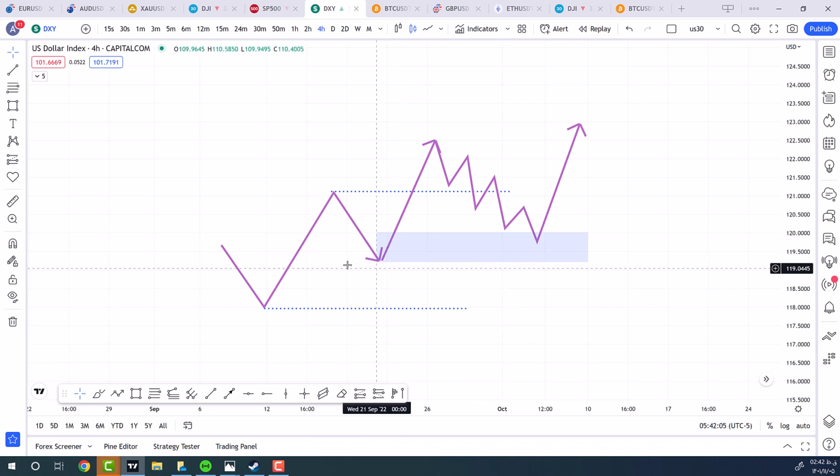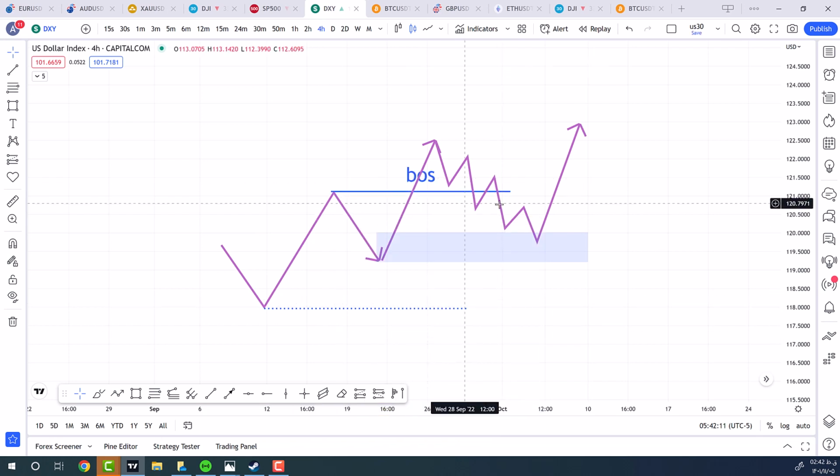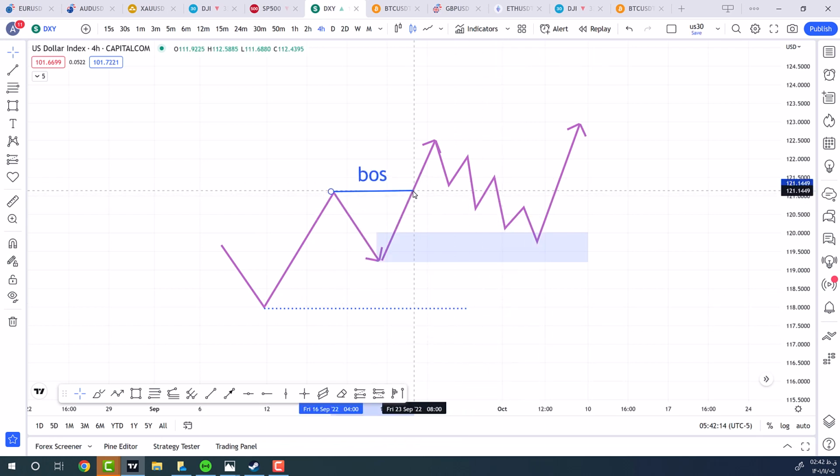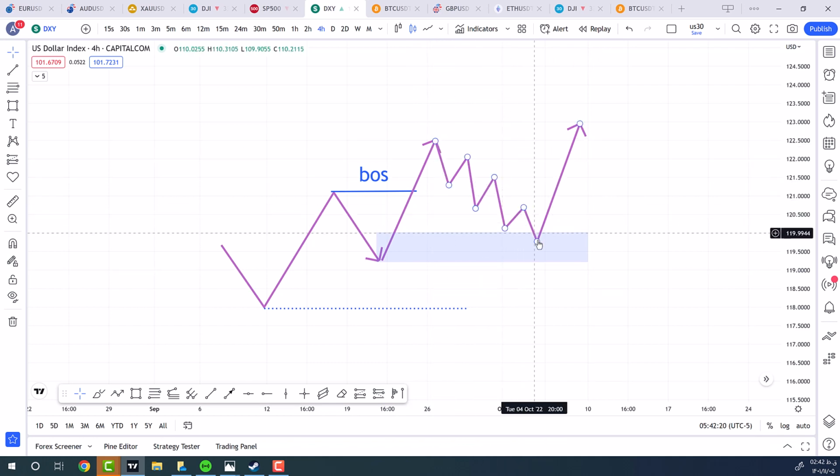So when the market comes up, breaks this high, that we name break of structure or BOS, we wait until it retraces and we try to take trades on the right POI using Fibonacci and liquidity and order blocks with the help of our entry setup that is going to be divergences plus shifts to enter the market.